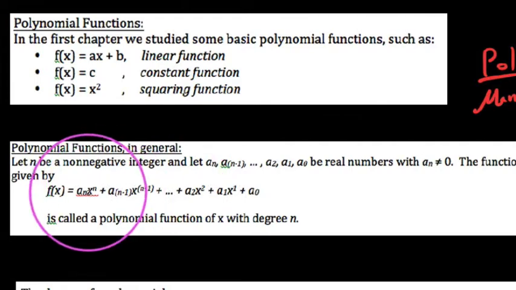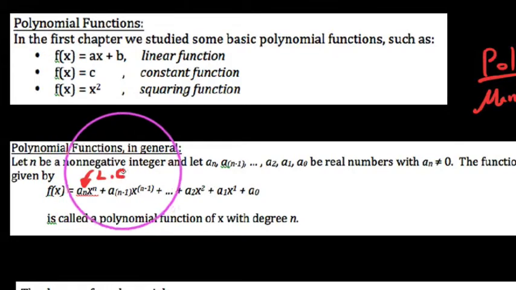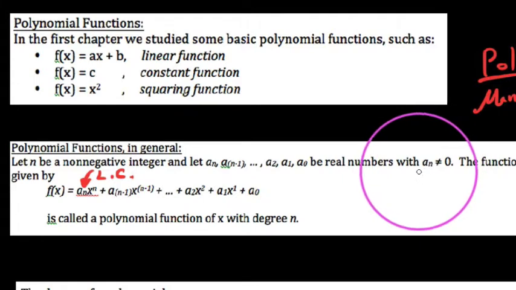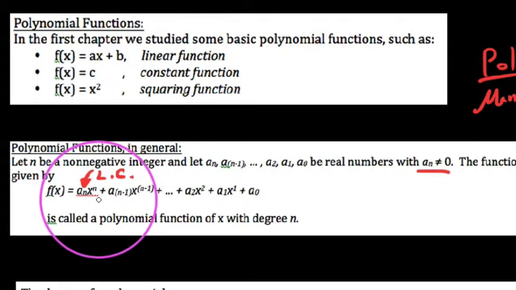I just want you to notice some things here right off the bat. We say a sub n right here; we might as well classify this as the leading coefficient. We're always looking at leading coefficients, but remember, a sub n cannot be 0. We just say it's a polynomial function where the leading coefficient is not nothing, which is fun to say. We also have a sub n times x to the n. You notice the next term is a sub n minus 1.